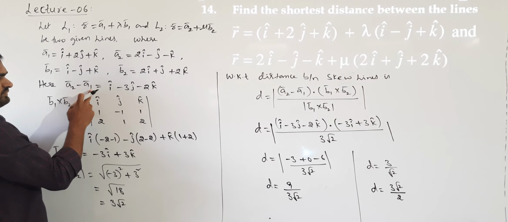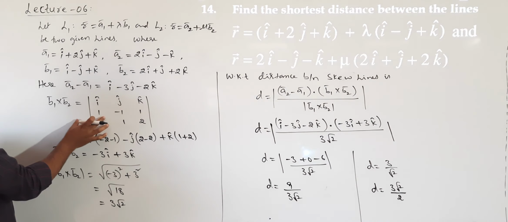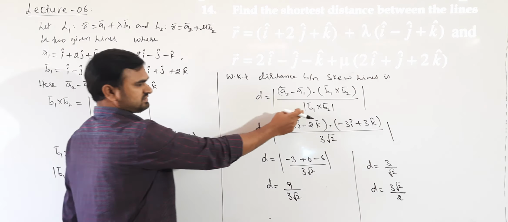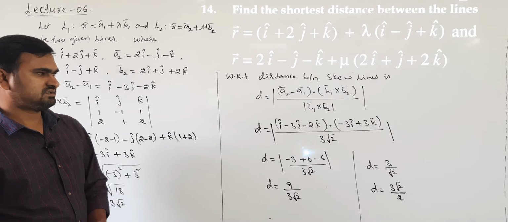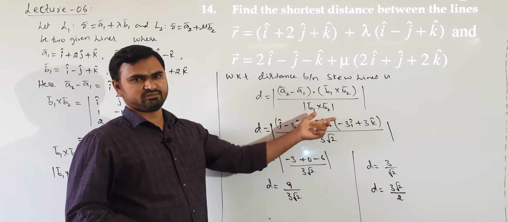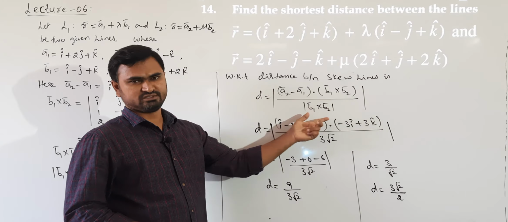First find a2 minus a1, then find b1 cross b2, then take its magnitude, which is the denominator. Then substitute, take the dot product and simplify. Maybe the problem is lengthy, but we are just substituting in this formula. So you have to remember the formula and substitute the terms.